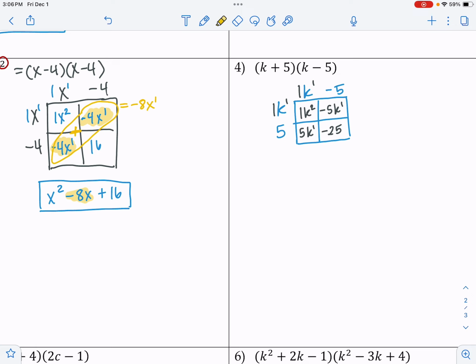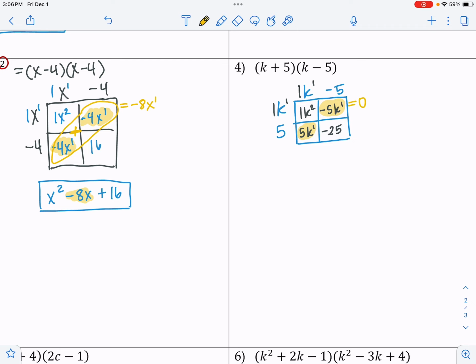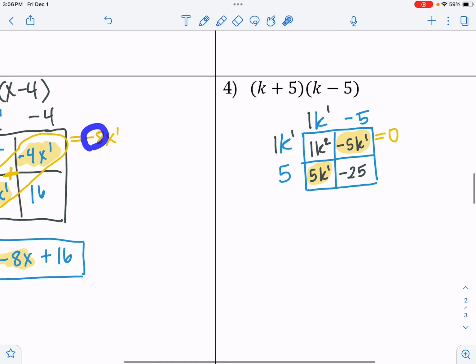This time, our middle terms, our like terms, are 5k and negative 5k. Because these have opposite signs, those cancel out. They equal 0. In the last one, negative 4 and negative 4 don't make 0. Negative 4 and negative 4 make negative 8. But if they're opposite signs, they make 0.